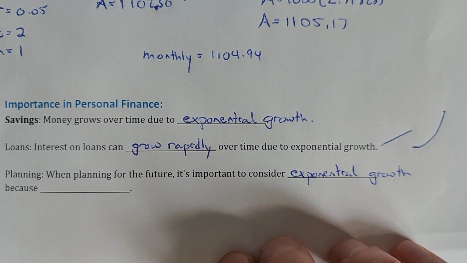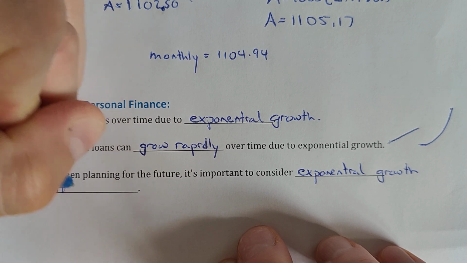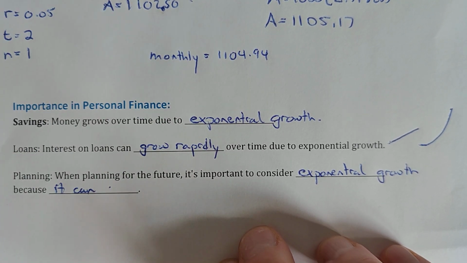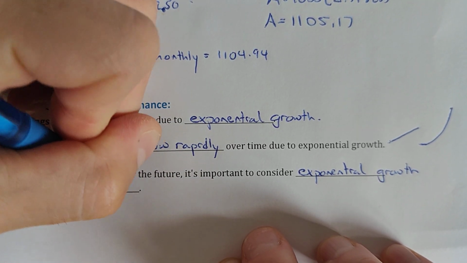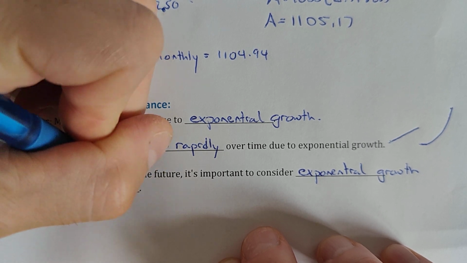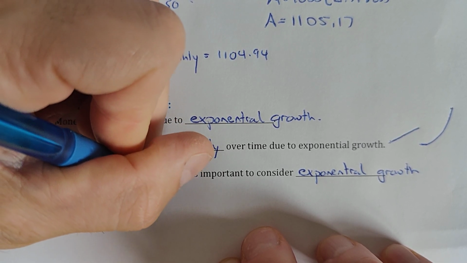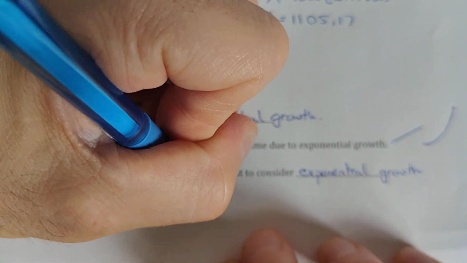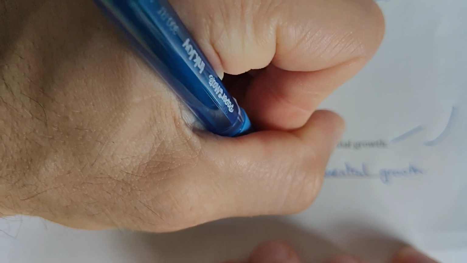And why do we consider exponential growth? I didn't leave enough space here in this line. I should have made a really long line, but it can significantly change the value of loans or investments.